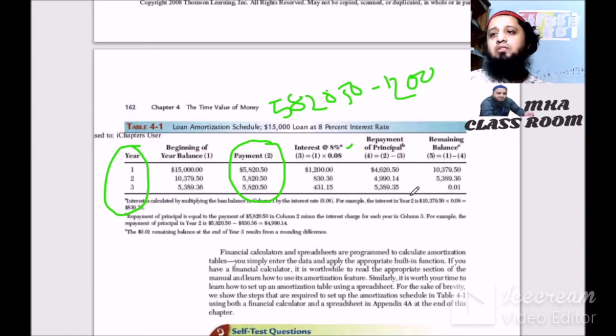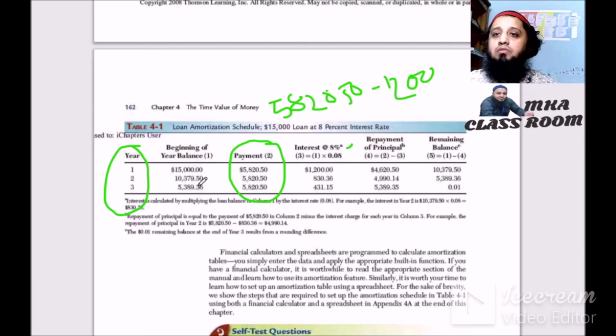Then we get the repayment of principal, 4,620.50. That is what we have repaid from our principal.